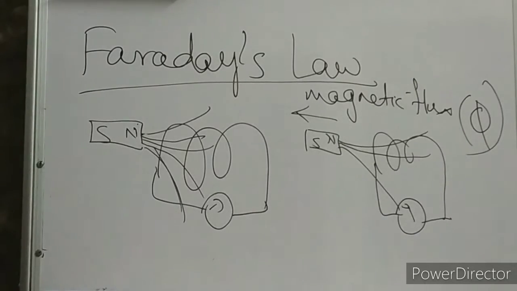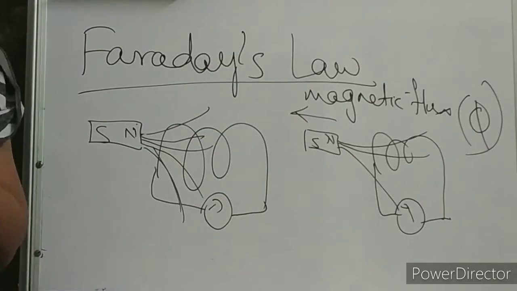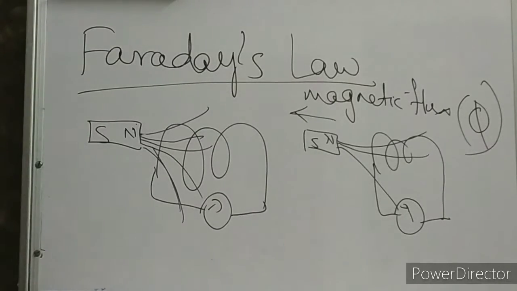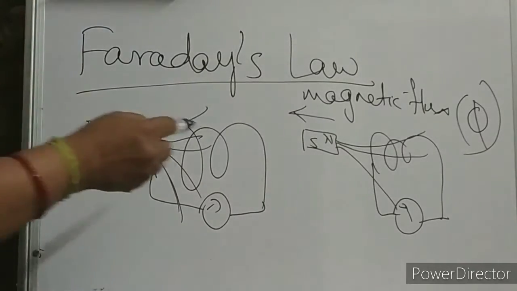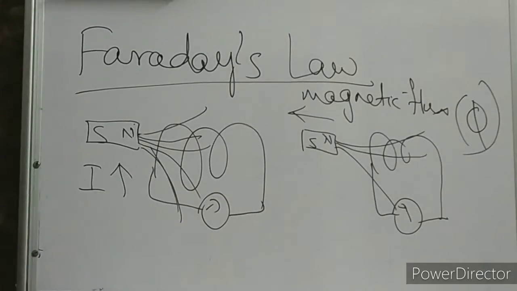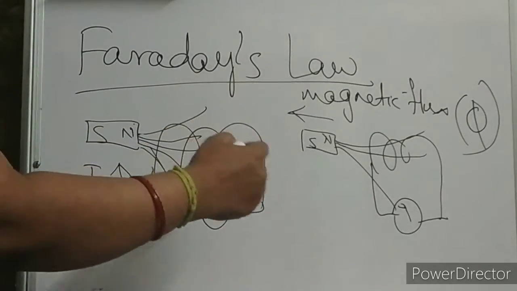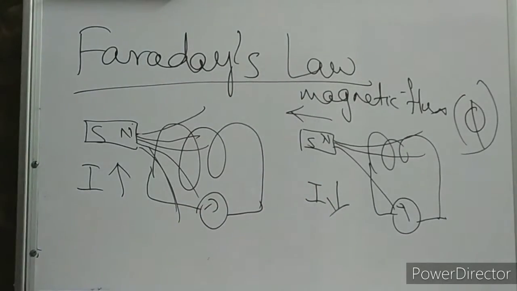Clear children? So when magnet and coil move closer to each other, your induced current will increase. And when they are moving away, the induced current will decrease. Clear, children?